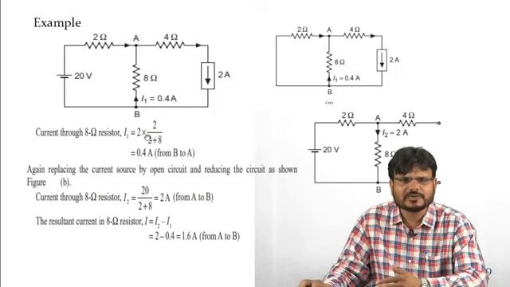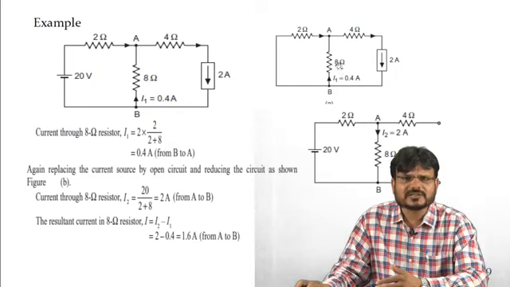Just multiply 2 into 2 and divide by the summation of the resistances of these two branches. This branch has resistance 2 ohm and this branch has resistance 8 ohm. So I1 is equal to 2 into 2 upon 2 plus 8. This current comes to 0.4 ampere, and you can notice the direction of the current: the current is flowing from B to A. Now this step is over.